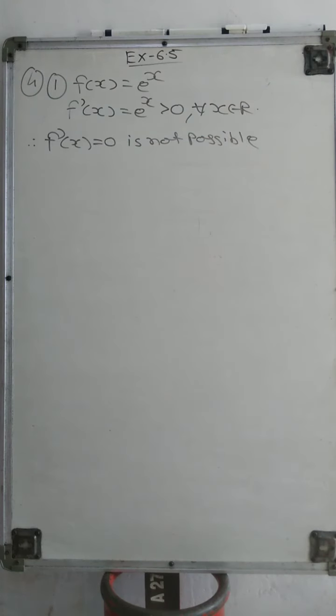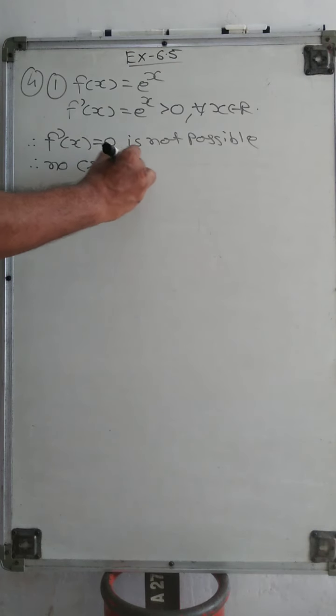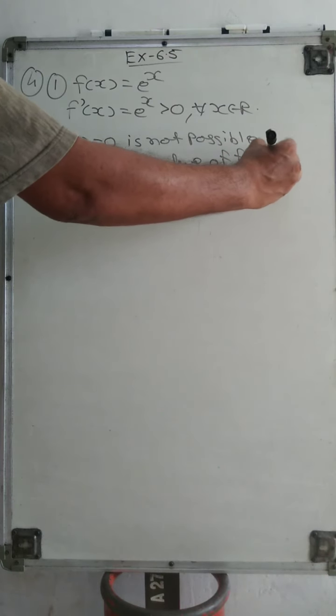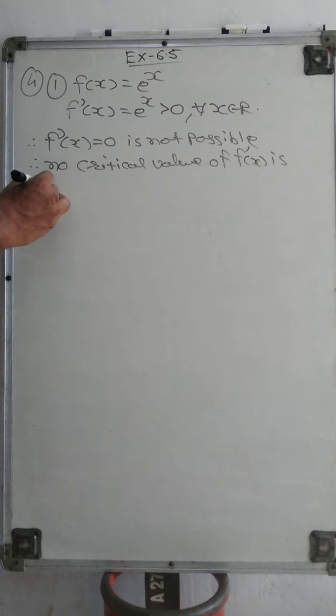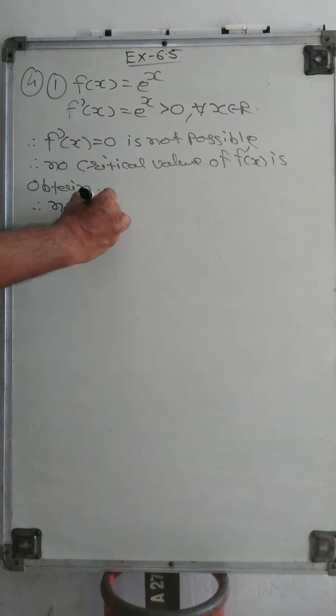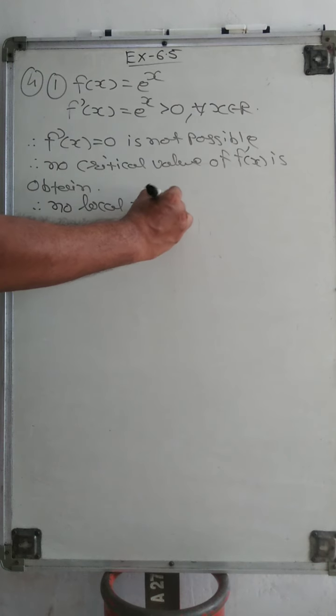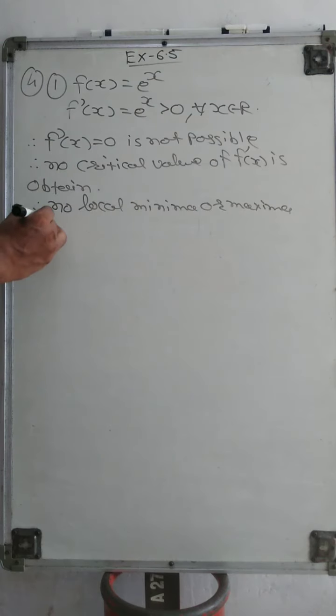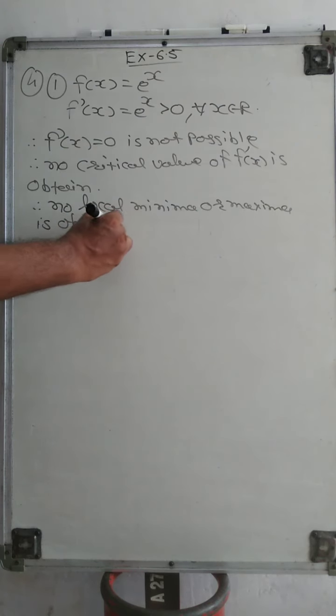If this is not possible, then we can say that no critical value of f(x) is obtained. Therefore our test is failed, and therefore no local minima or maxima is obtained. Right?